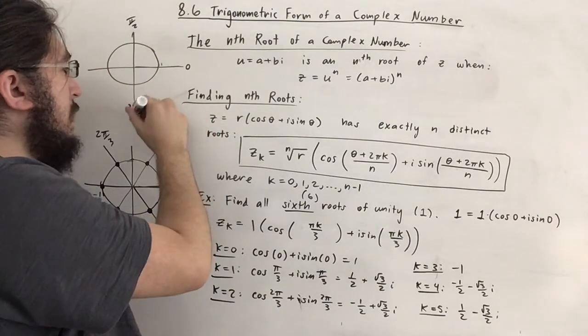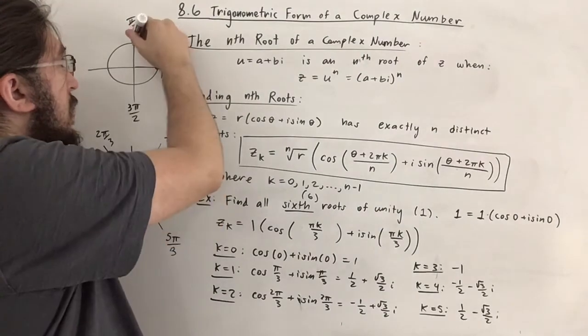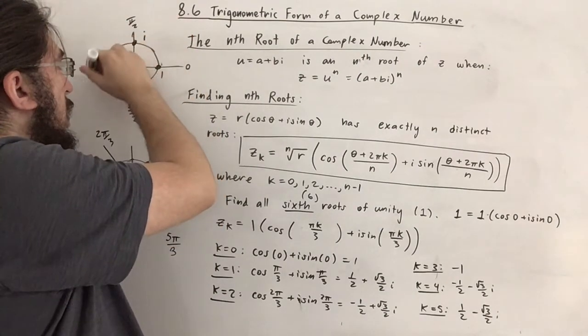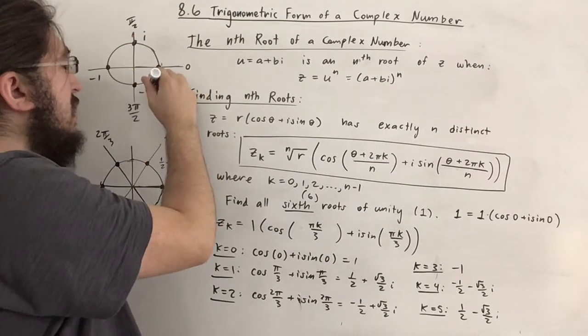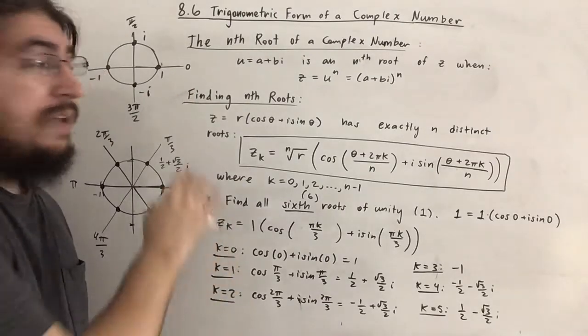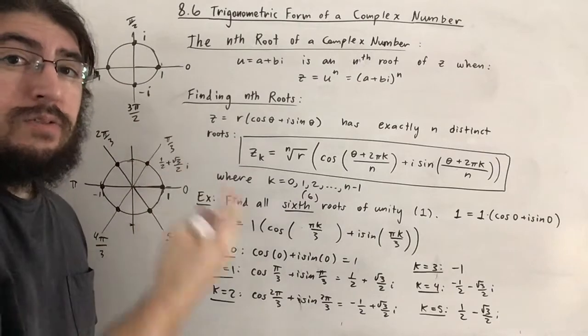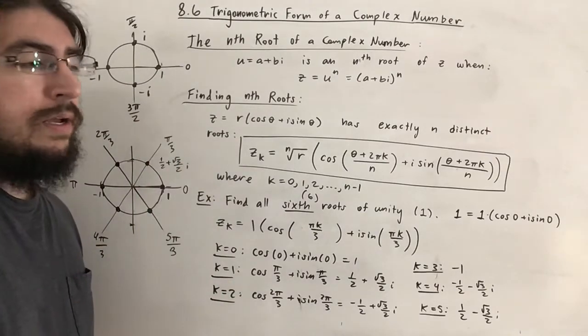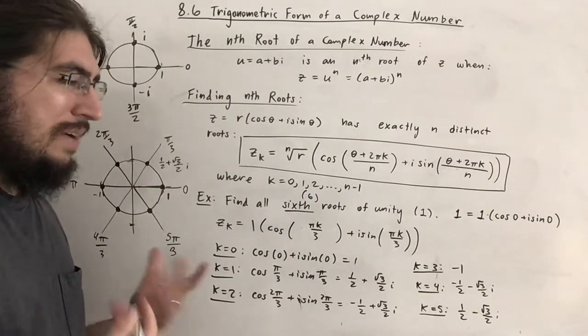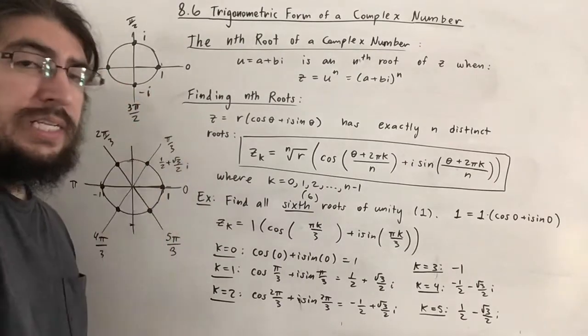But again, on the complex plane, this intersects 1, i, -1, and -i. And these are indeed the fourth roots of unity. If you take i, 1, -1, or -i to the 4th power, you result in 1. Awesome. So it's interesting, but the visualization certainly helps.